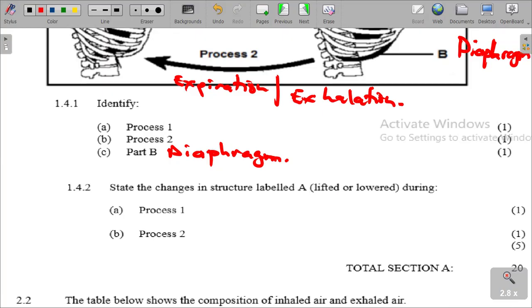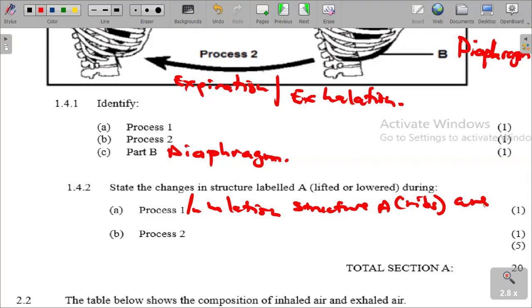During inhalation, process 1, the structure A, which we are saying is the ribs, what happens with them? They are lifted upwards and outwards.